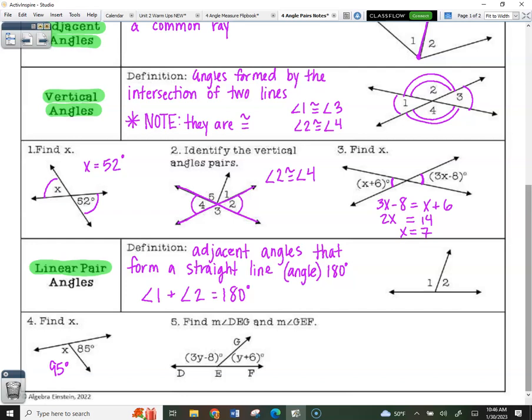They share ray EG and they form the straight angle DEF, so they add up to equal 180. They add to equal 180, right?